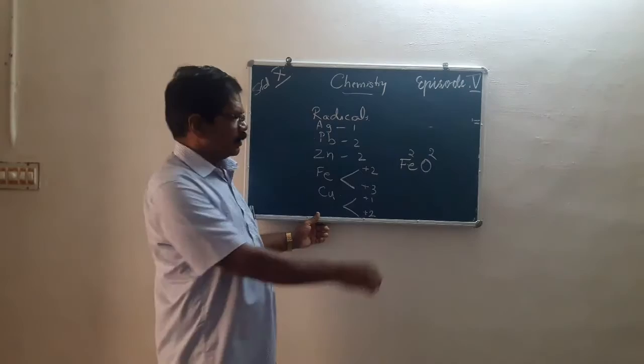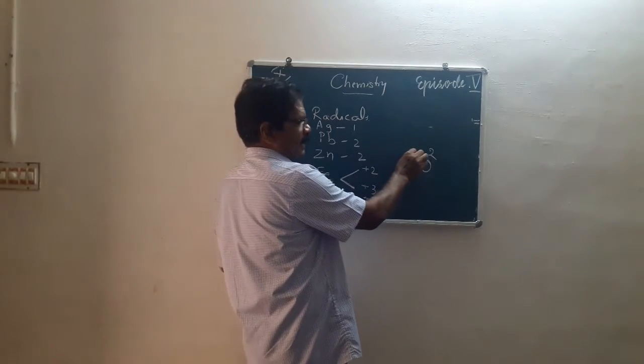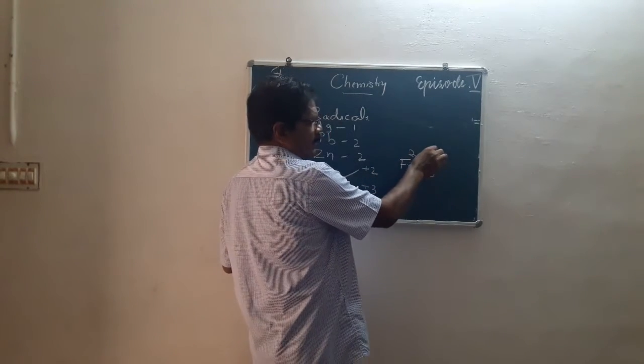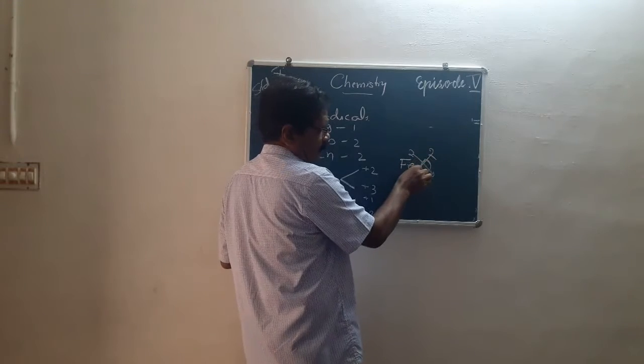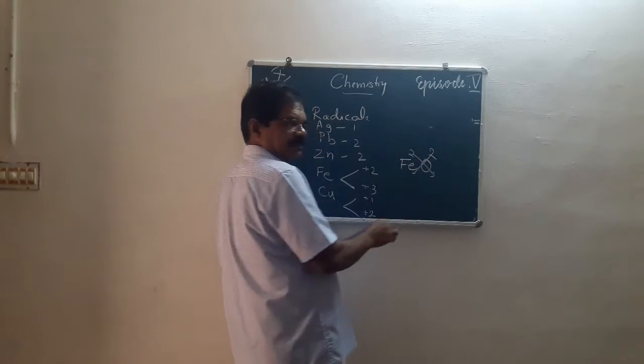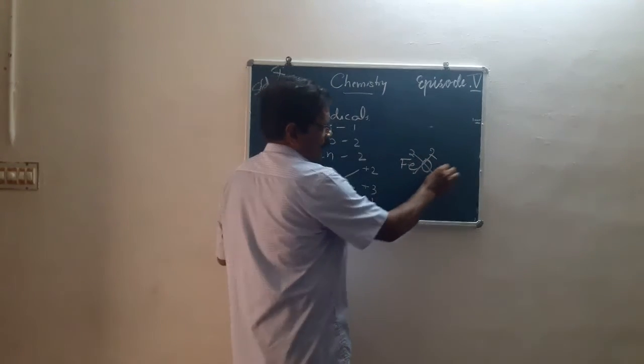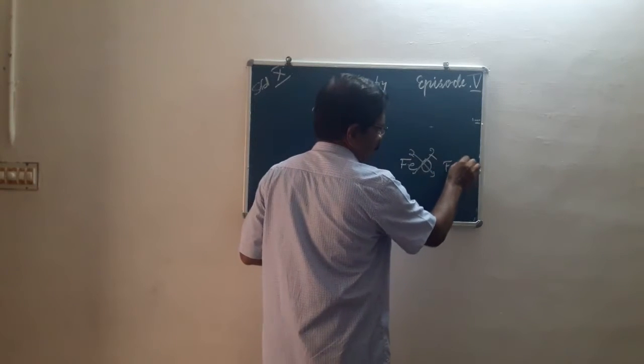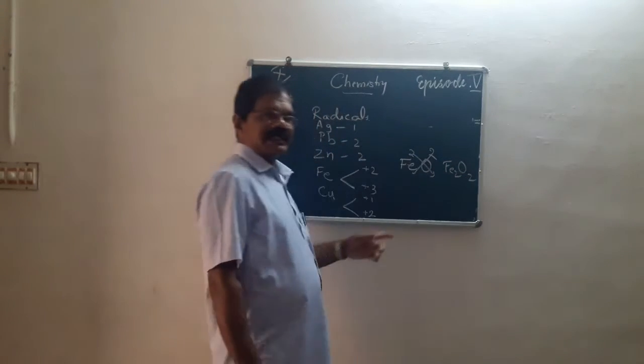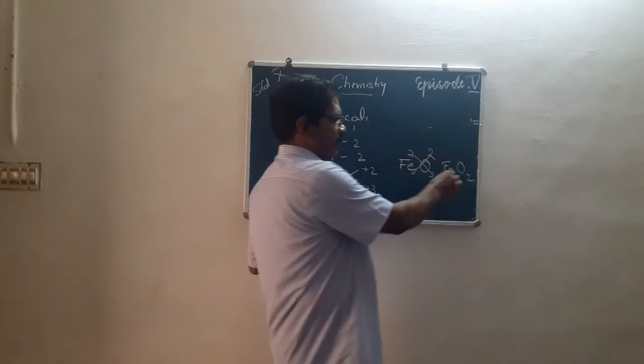When the compound is formed, they interchange and write the subscripts. Therefore, it becomes Fe2O2. If the valencies are the same, we don't write them.